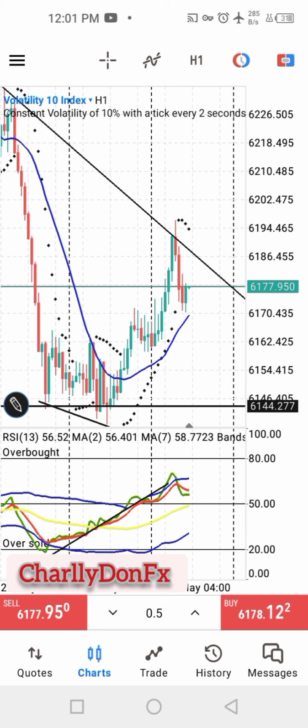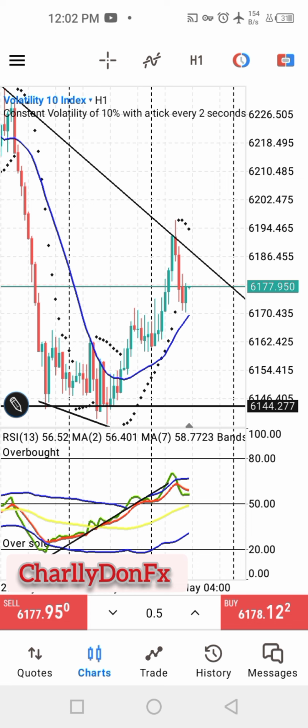Then you go and plot your trend line from higher time frame, say 4 hour, 1 hour, you plot your necessary trend line. And if you are plotting trend line, make sure that there is about 2 or 3 or more touches, so you be able to know where the market is heading to and know where to take your TP once it gets to that trend line. Just like the explanation I just did now.